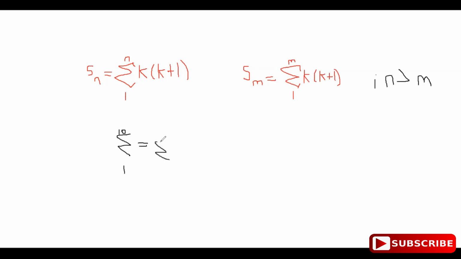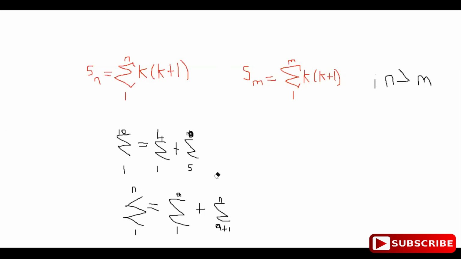The sum from 1 to 10 is the sum from 1 to 4 plus the sum from 5 to 10. Agreed? All right. And so we can make a general conclusion that the sum from 1 to n is equal to the sum from 1 to some other number a plus the sum from a plus 1 to n. Agreed?